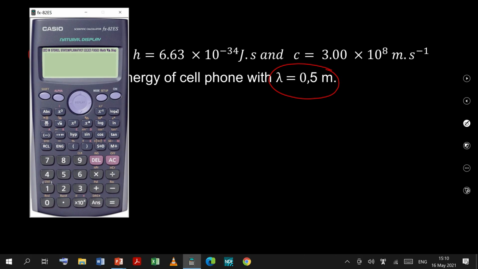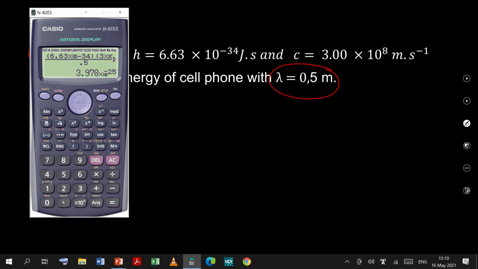Clear the last sum, but the formula is still the same. Need our fraction with Planck's constant, 6.63 times 10 to the minus 34. Once again, multiplied by the speed of light, 3 times 10 to the power of 8. But now, the value is only divided by half a meter.